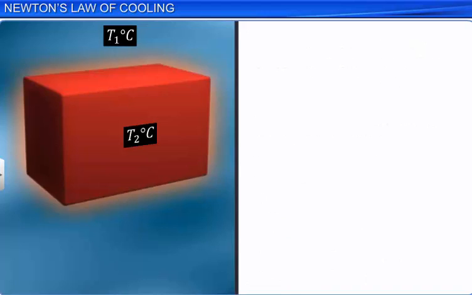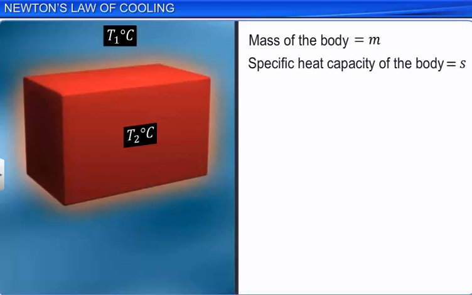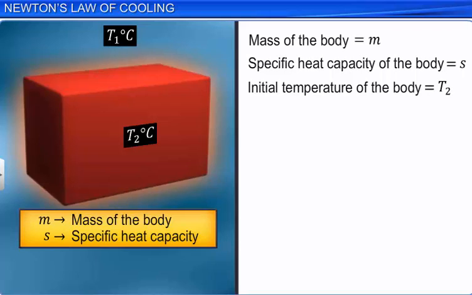Let the mass of the body be m, whose specific heat capacity is S, at an initial temperature T2, with its surroundings at a temperature T1.